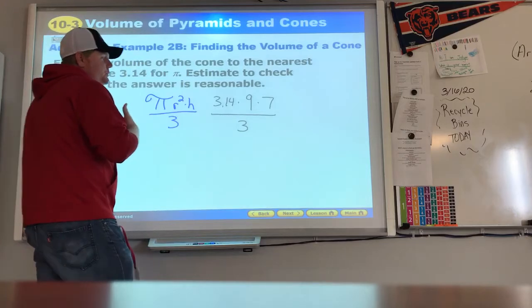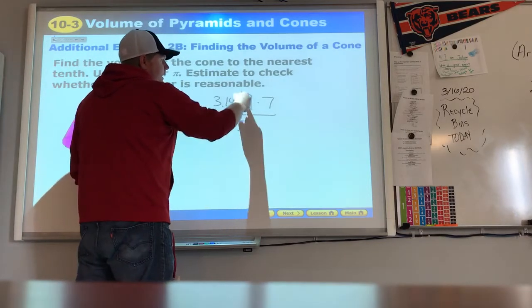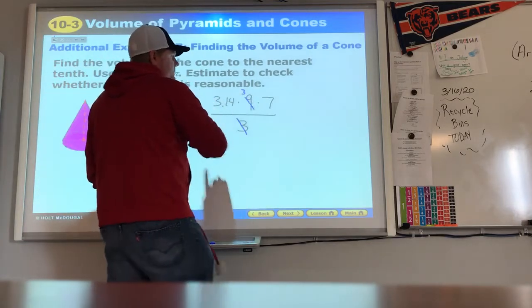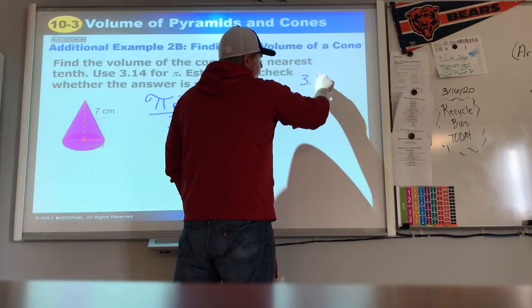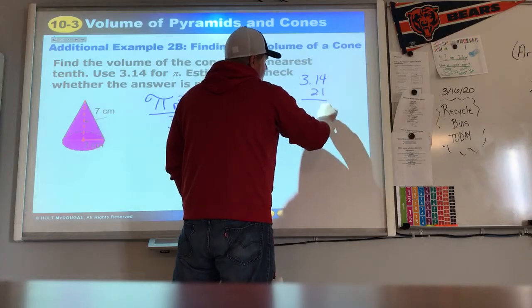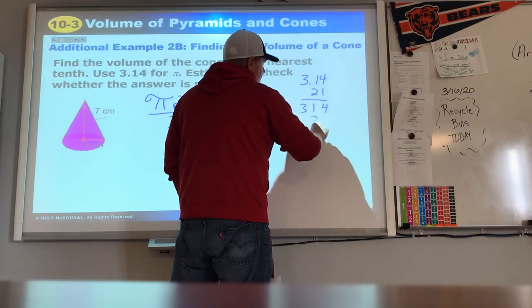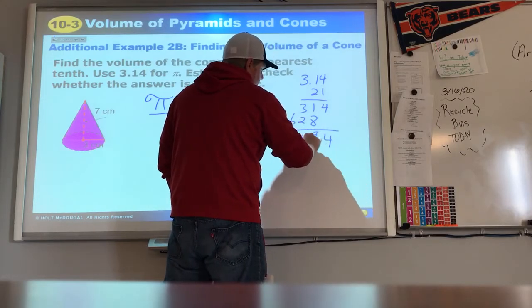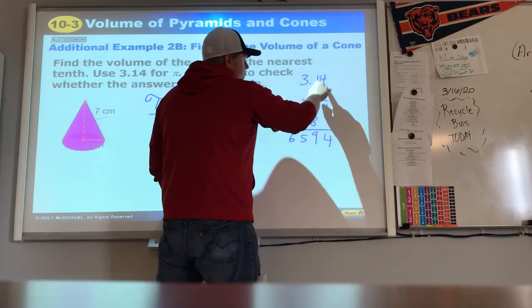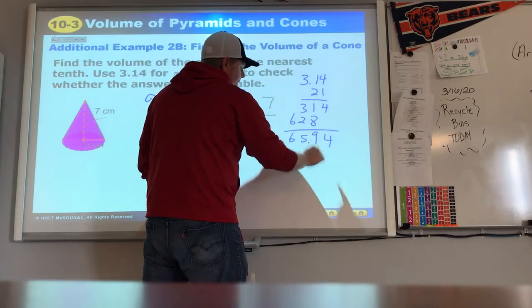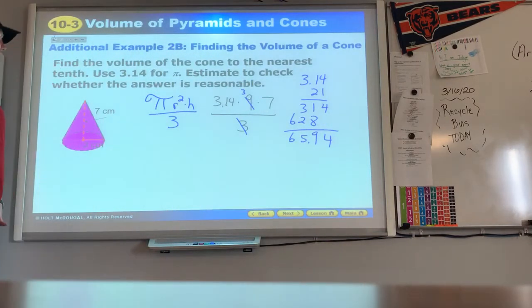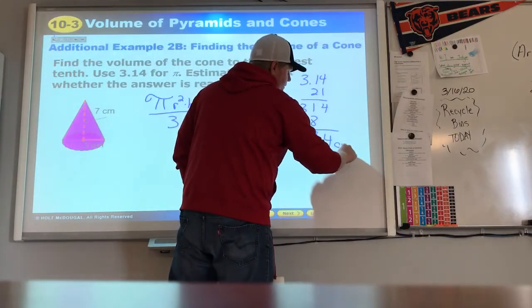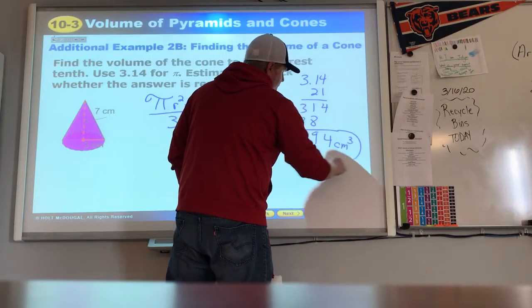Again, I'm going to choose to reduce first. Okay, so then I have 21 times 3.14. 3.14 times 21, 65.94 centimeters cubed.